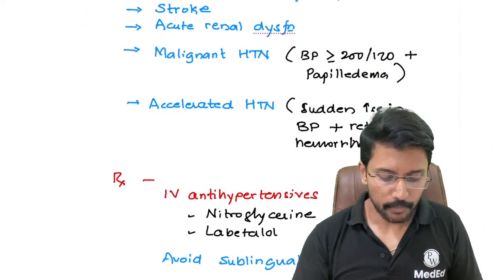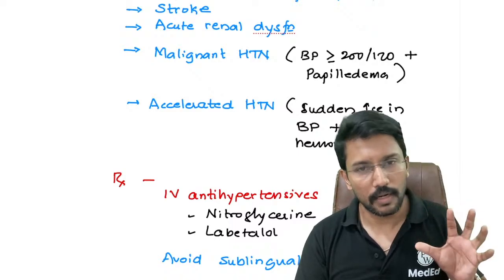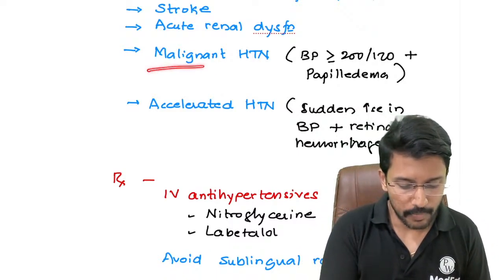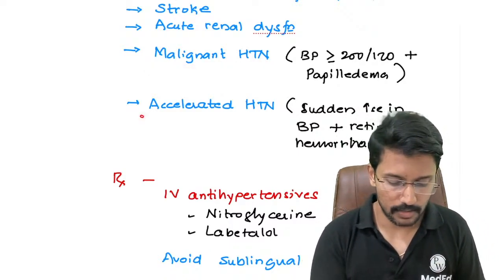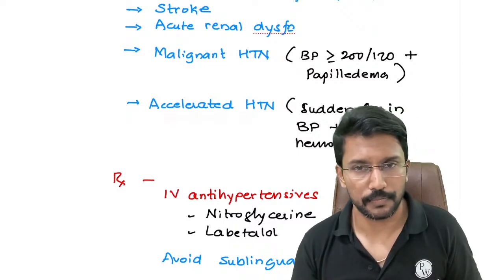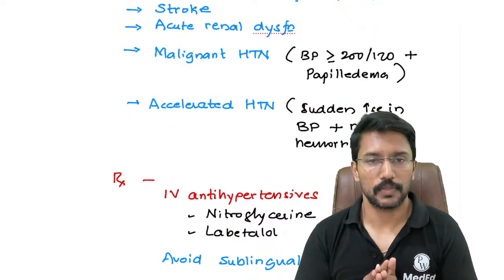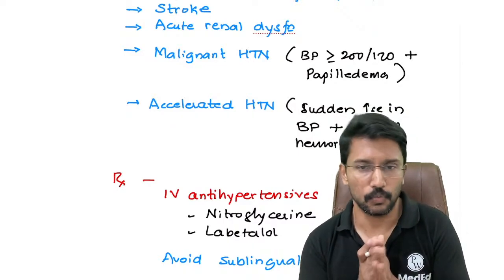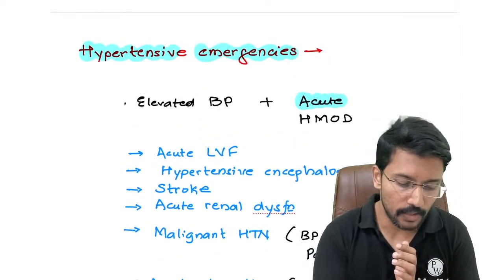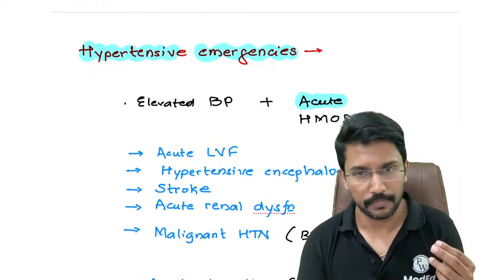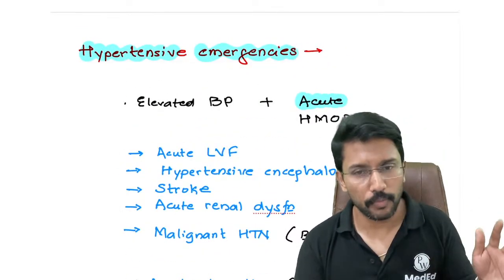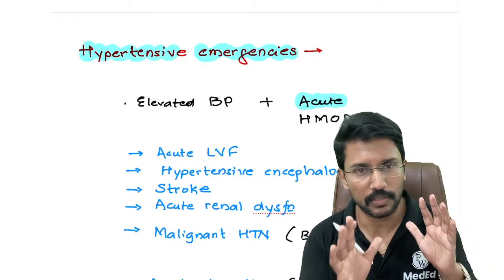Okay. Then we come across two closely related terms, right? One of them is called malignant hypertension. The other one is called accelerated hypertension. So what are these two terms? Malignant hypertension is nothing but one type of hypertensive emergency. It's not different from hypertensive emergencies, right? The basic concept is clear.